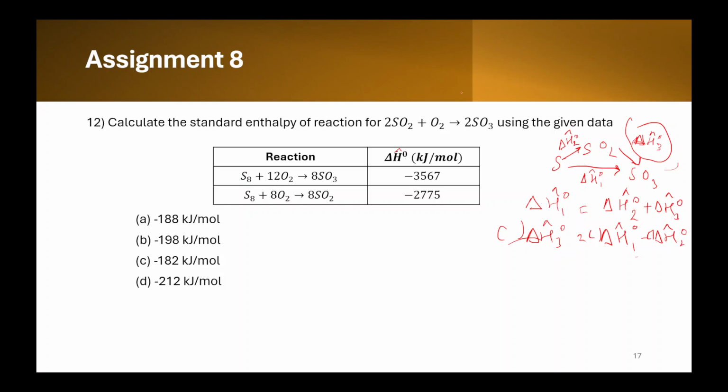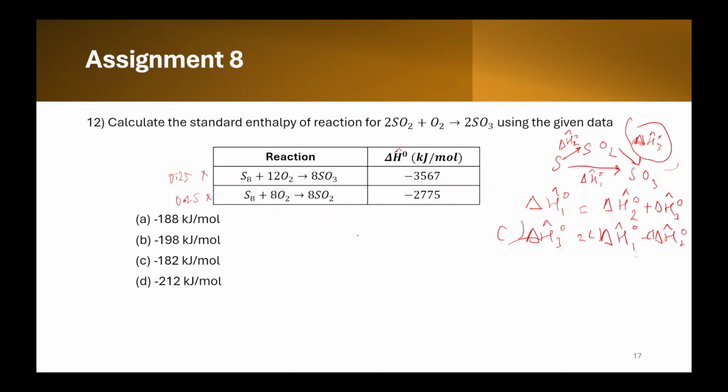So here we are given 2SO2 and 2SO3. And here we are given 8SO2 and 8SO3. So to get that 2, we need to divide by 4 or multiply by 0.25. Again, you see, we need SO2 on the reactant side. So this needs to be subtracted.